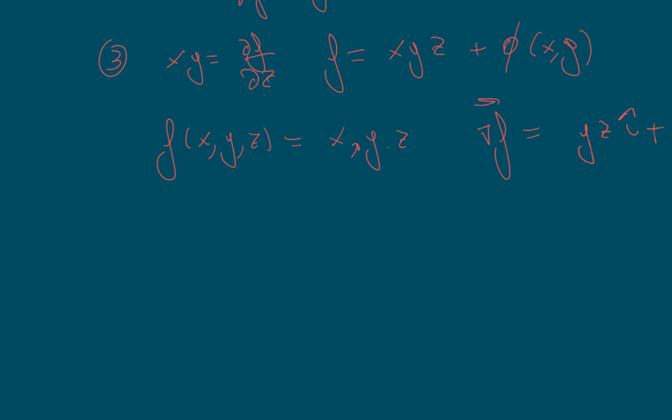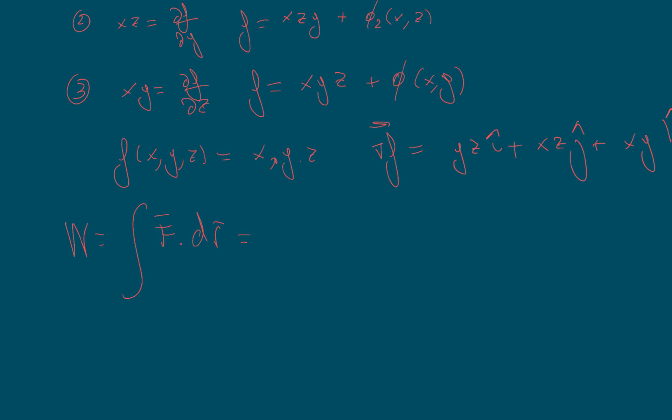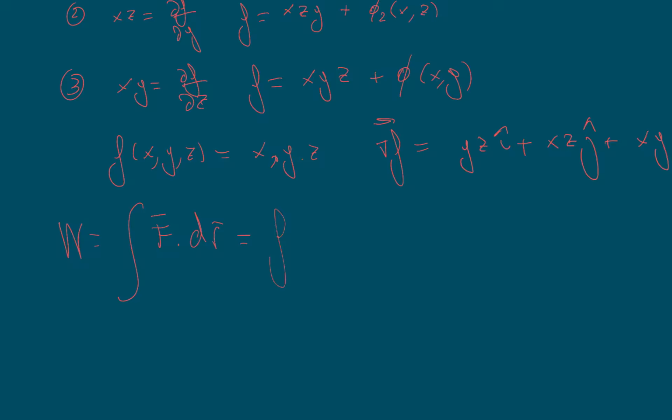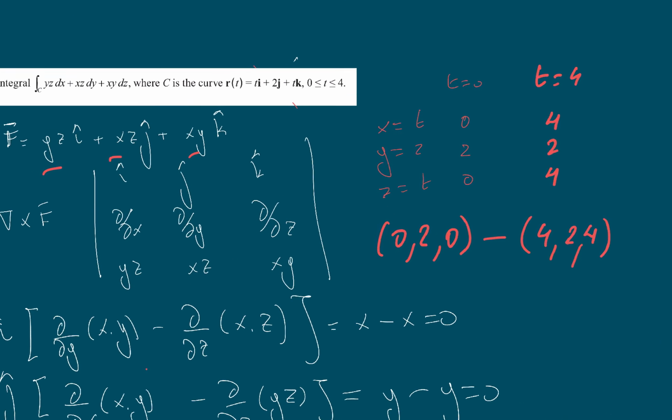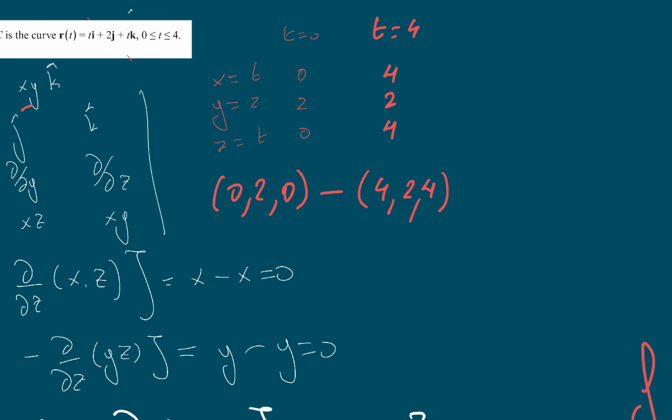So now we need to do the work. The work of F scalar dr will be, now that we know who is f, f of B minus f of A. Who is the point B? According to the problem, the point B is (4, 2, 4).